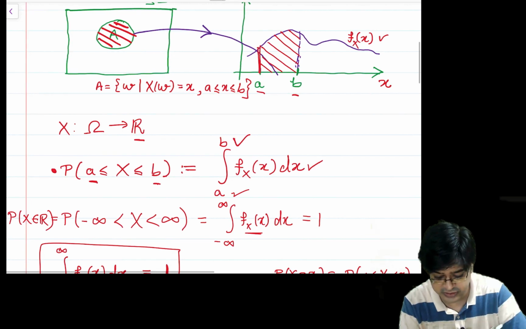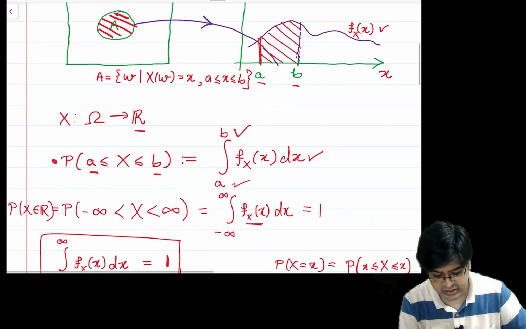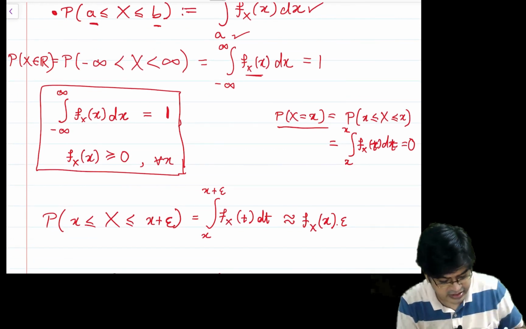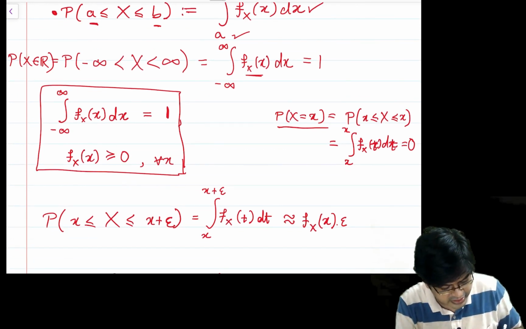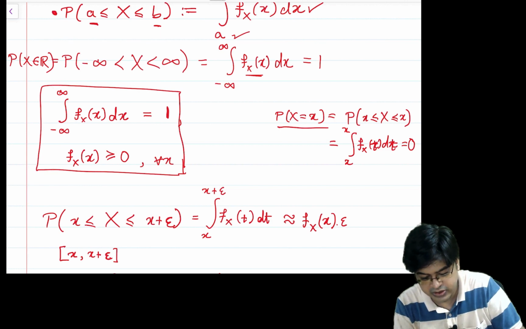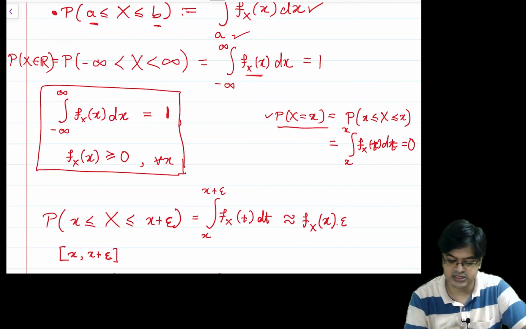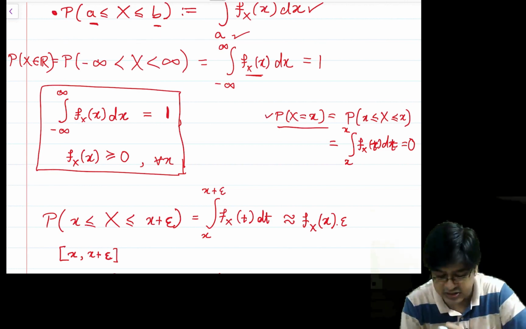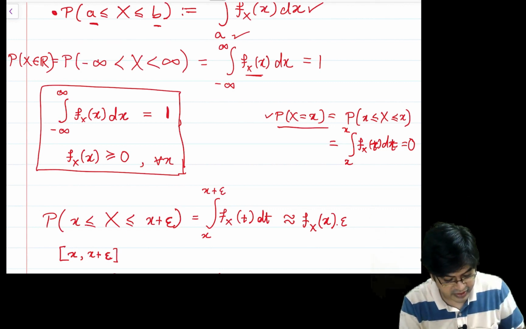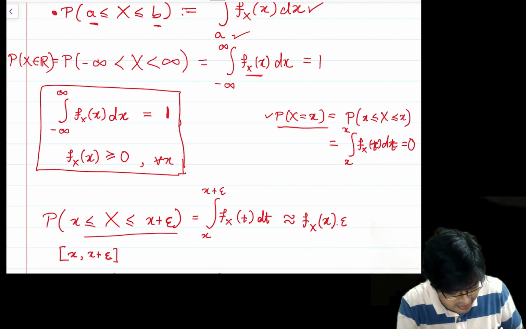So in order to justify this, let us take the simple principle which we learned while studying integration. Let us take a small interval of length epsilon. So the interval is x to x plus epsilon. Let us say we have taken a closed interval. It doesn't matter whether we take closed or open, because we have already proved that the probability of X equal to x is going to be 0. So it doesn't matter. So let us take this interval and ask the question, what is the probability of this interval?